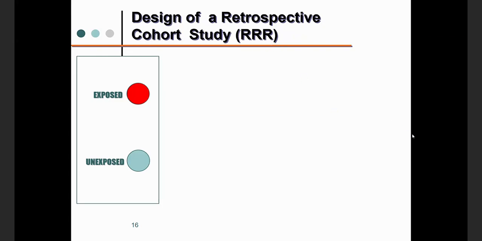Okay, wait, somebody asked a question. How to do the observation? Is there any method to do observation? Observation is just observing only. No need for any method. That means you just observe them. They smoke, okay, just observe them, how many boxes of cigarettes they smoke. You observe until they develop the disease.